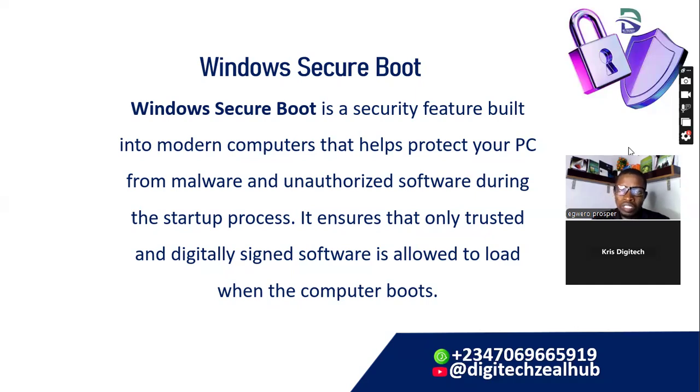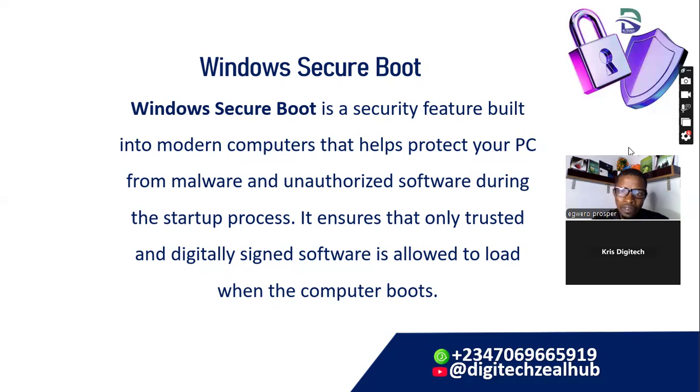Windows Secure Boot is a security feature built into modern computers that helps protect your PC, which means your personal computer, from malware. At this point, we have already understood what malware is from the very first class.